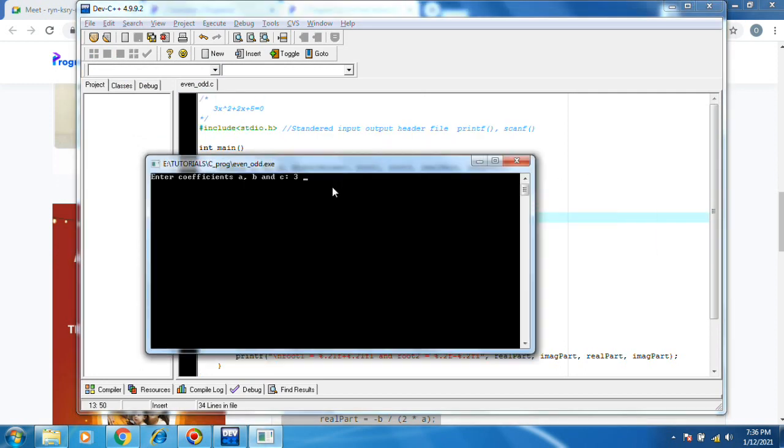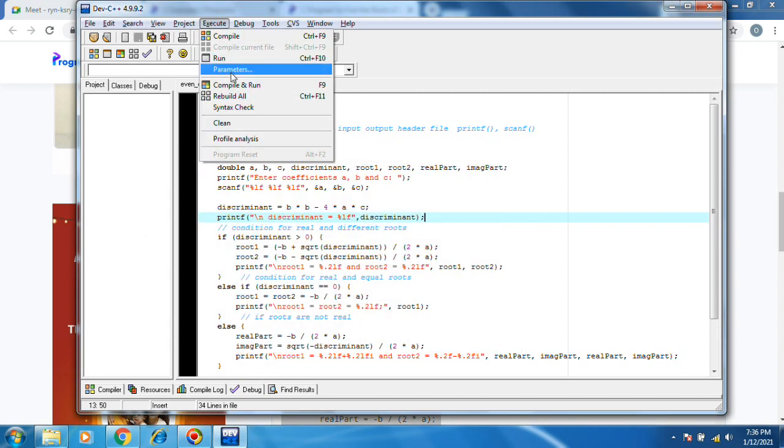Let's give 3, 2, 5. The discriminant is minus 56. That's why imaginary numbers. Let's go to another one once again.